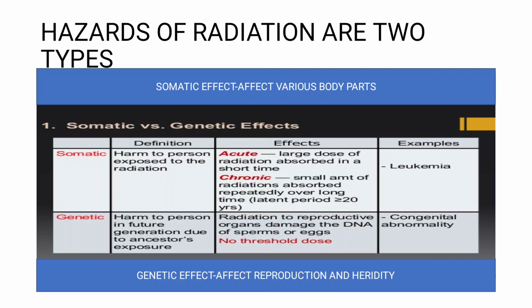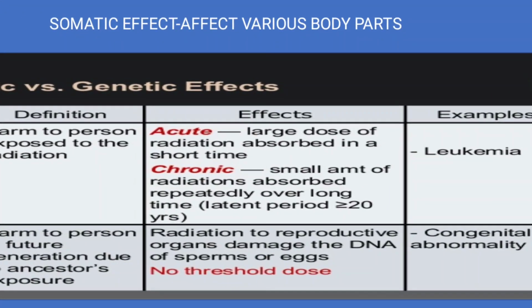The main effects are of two types, acute and chronic effect. What do you mean by acute effect? When a large dose of radiation is absorbed in a short time, that is called acute effect, and when a small amount of radiation is absorbed repeatedly over a long time, that is called chronic somatic effect.